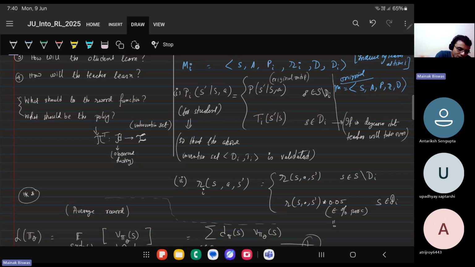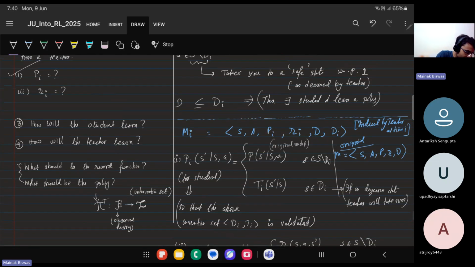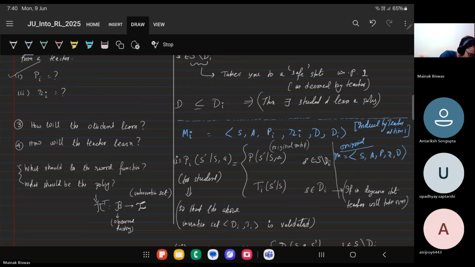So now you can clearly see, based on this MDP derived, the student can learn with whatever algorithm. I had used Q learning.